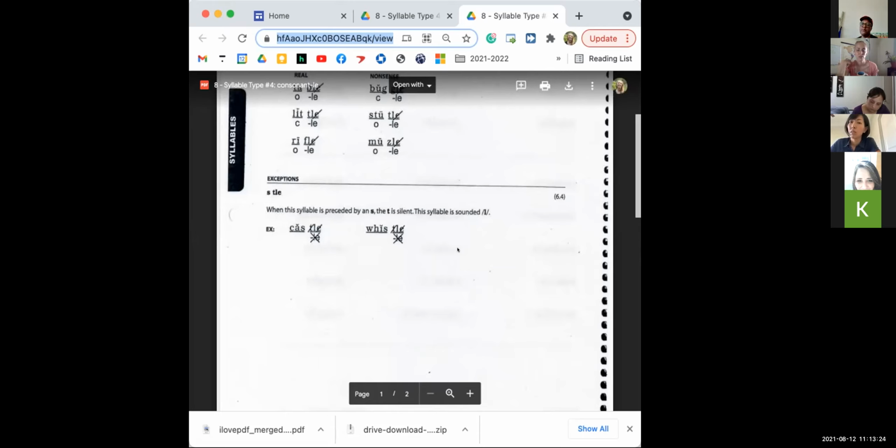Castle. There's no T in that word. Castle. Whistle. In the STLE, the T is silent as well as the E, and the syllable is the "ul" sound. Castle, whistle.